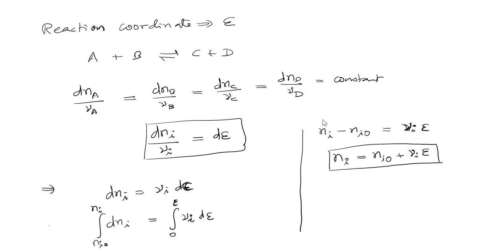Then we know very well the total number of moles of all the species at a particular stage of the reaction. Some reaction is going on at a particular stage.